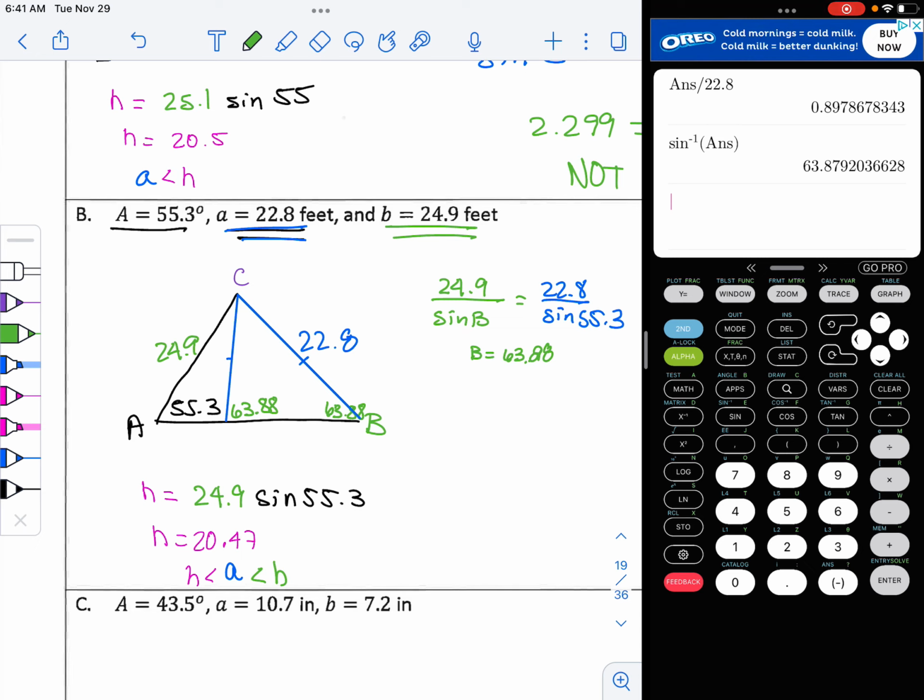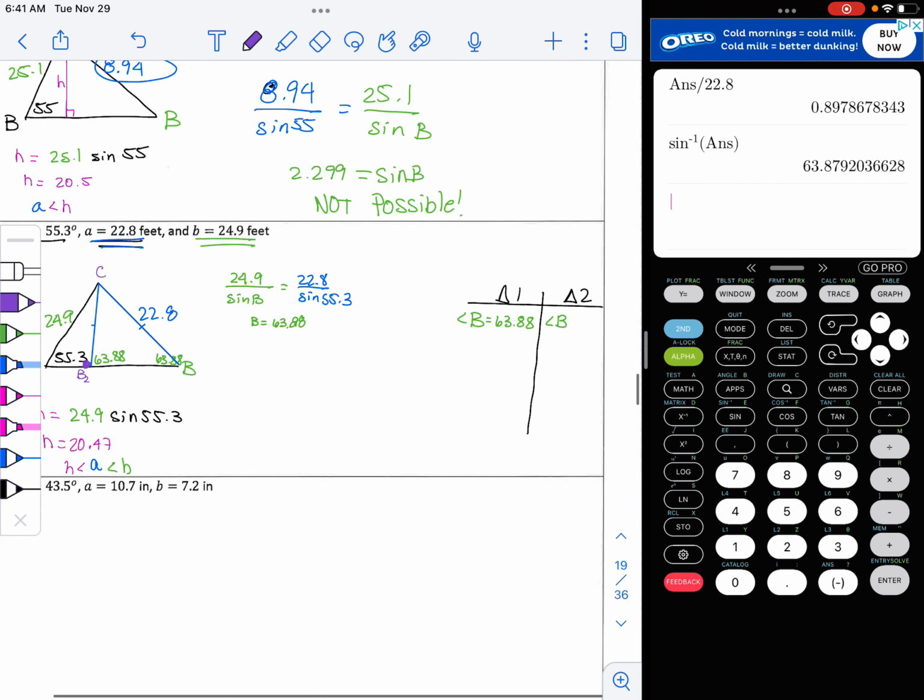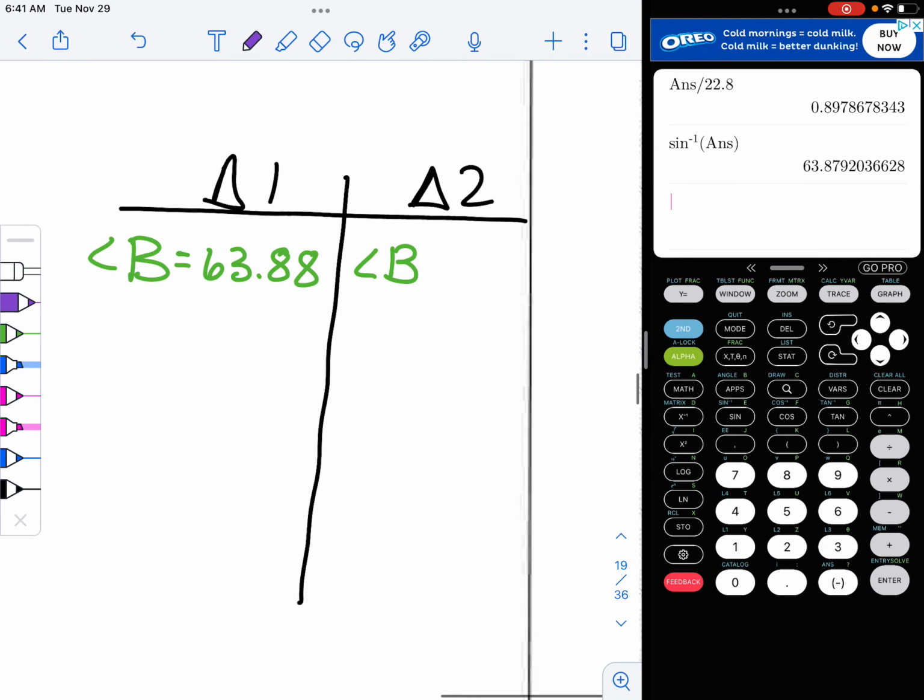Base angles are the same in isosceles triangles, which then means this angle right down here, that purple one, has to be supplementary. This purple one is angle B of triangle 2. So to find angle B of triangle 2, I would take 180 and subtract B from triangle 1, and this would get me 116.12.